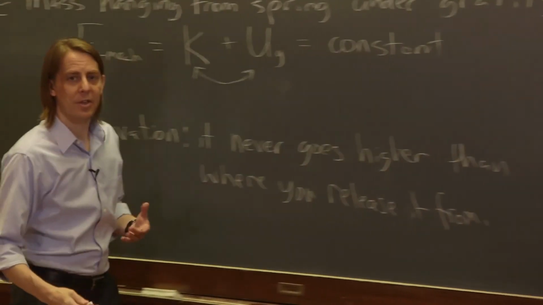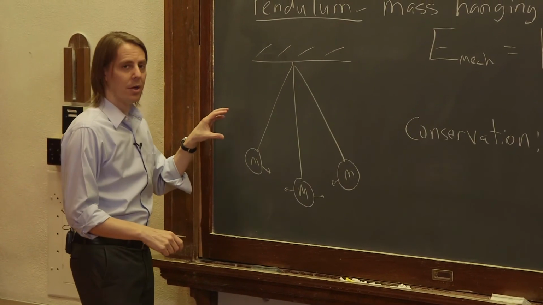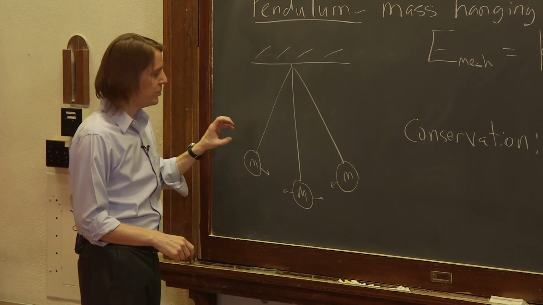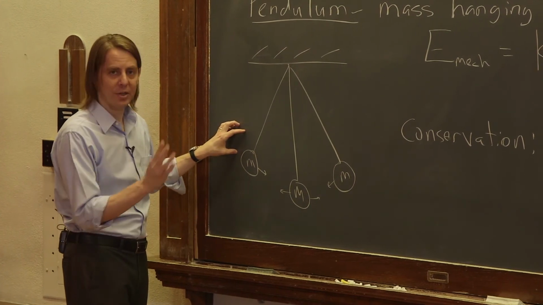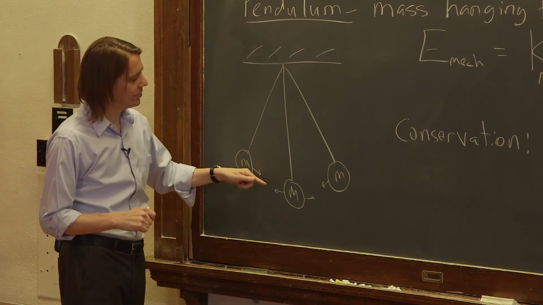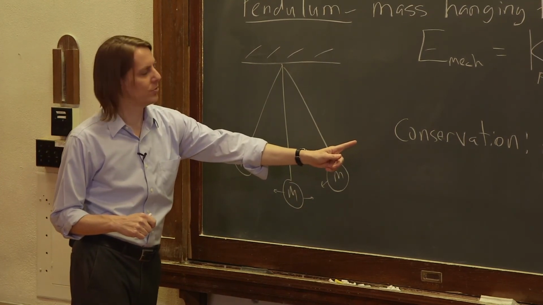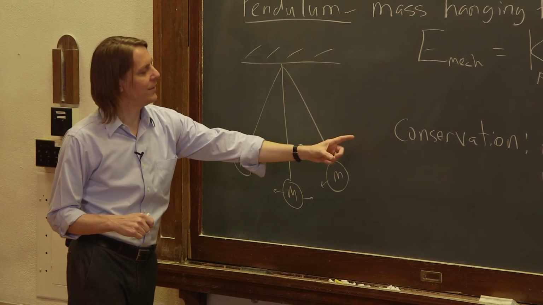Right? If you think about it, when you release it, you hold it back, you give it some gravitational potential energy, you give it some UG, it has a certain amount, it's not moving, it has no kinetic, and when you release it, it converts that gravitational potential into kinetic, and it goes up here to the same height if there's no external influences, and then it comes back.